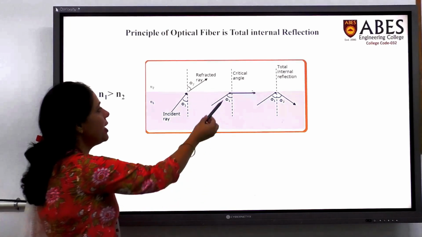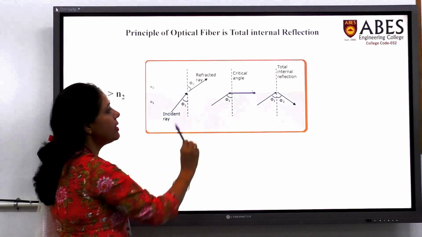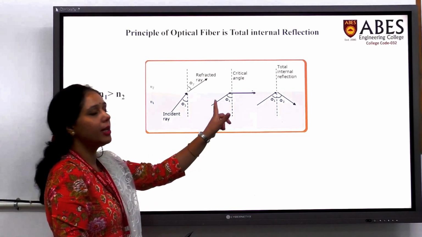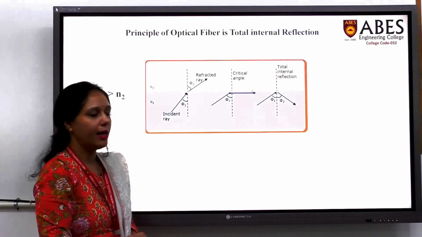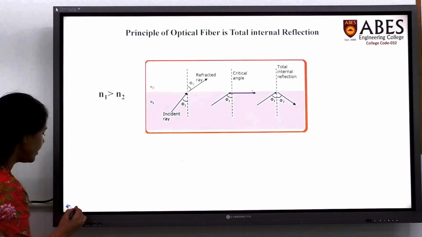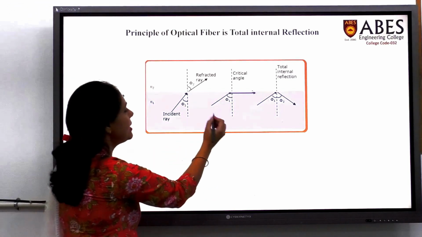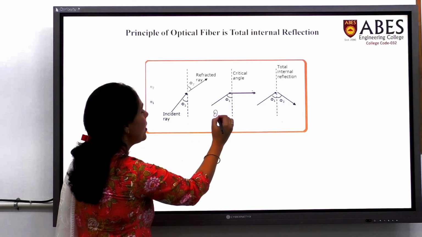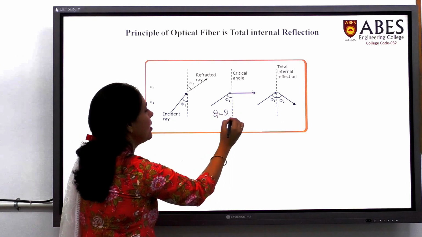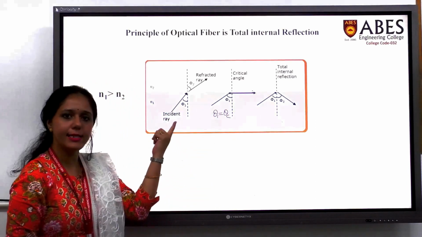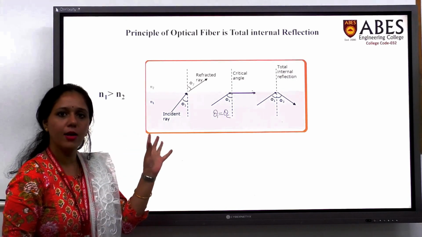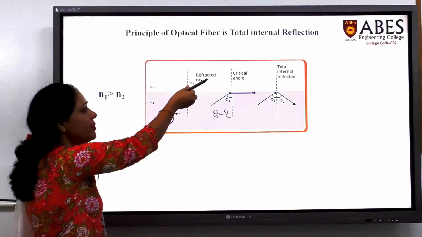Now, if we increase this angle to some particular angle, we will call it the critical angle. In this case, theta 1 equals the critical angle. In the earlier case, theta 1 was less than some particular critical angle, so light was deviating away from the normal.